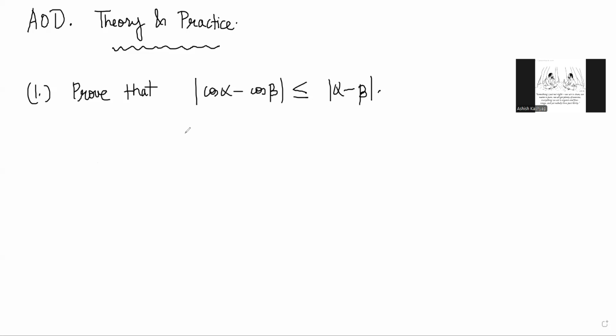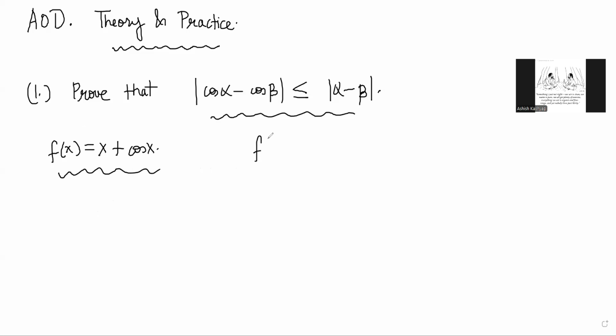So again, here we can use an appropriate function to try to prove this inequality. The function that you can select here is f of x is x plus cos x. Let's try to find out how this function behaves. The derivative of this function will be 1 minus sine x, right?